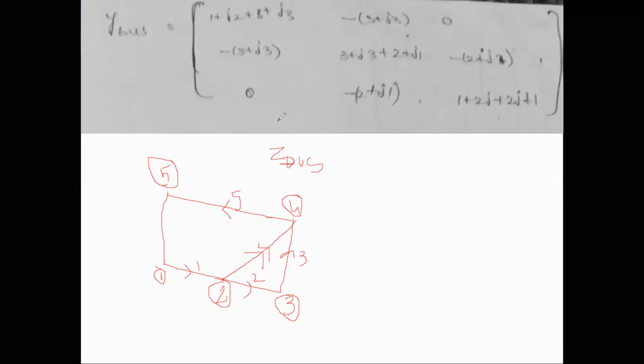First, we add element 1. That element is in between nodes 1 and 2. Coming to step 1, this is element 1 and these are nodes 1 and 2.